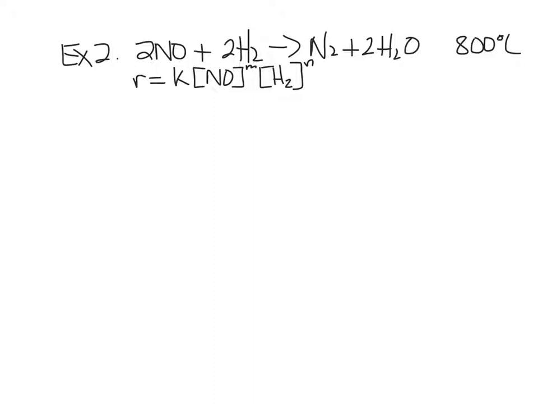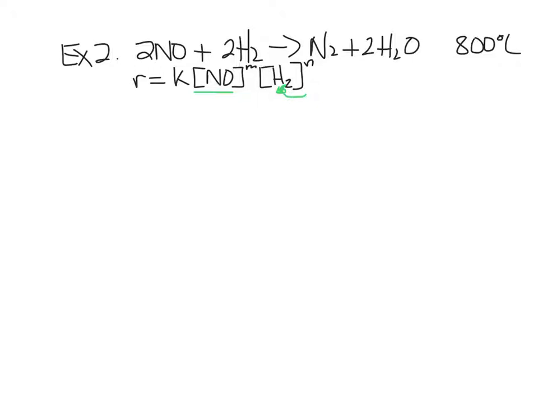So if we are going to solve for nitrogen monoxide, we must pick 2 reactions, 2 runs where the H2 concentration doesn't change. That way it will cancel and will not be a factor.